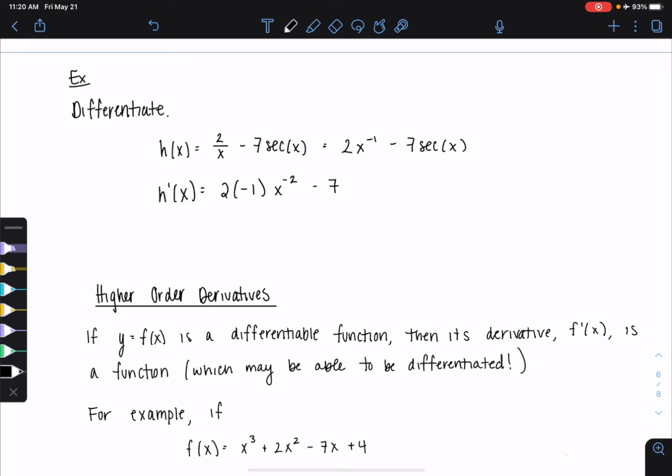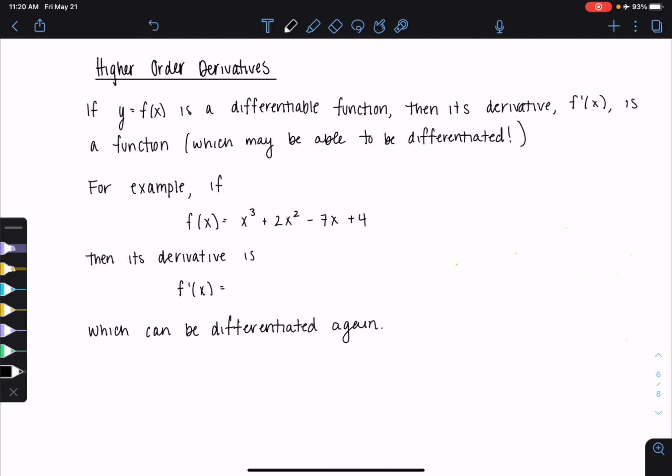Derivative of secant of x is secant of x tangent of x. So ultimately, this derivative is negative 2 divided by x squared minus 7 secant of x tangent of x. Okay. And then you can apply these with all of the other rules as well.